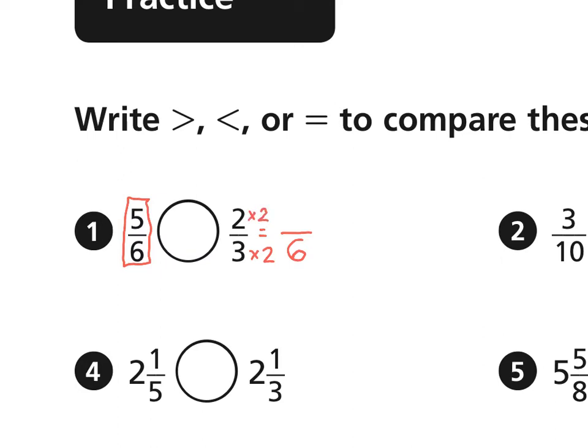So 2 times 2 is 4. Now I have a denominator that's the same, 6ths and 6ths. Now it's easy for me to see, well, I'd rather have 5/6 than 4/6. So 5/6 is greater than 4/6.